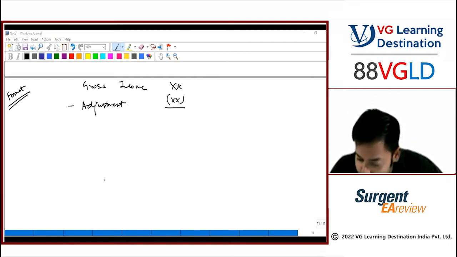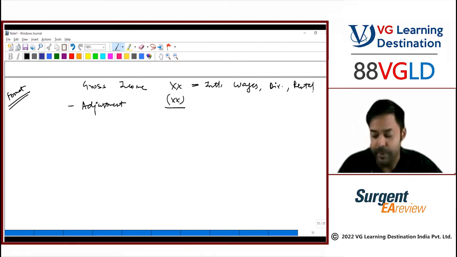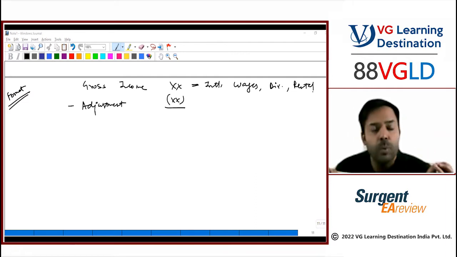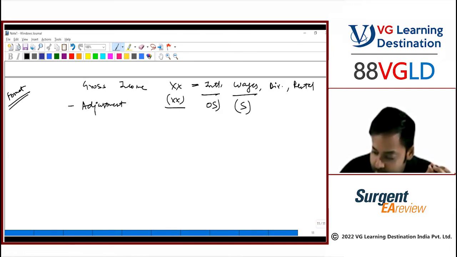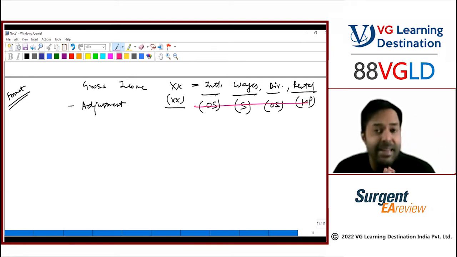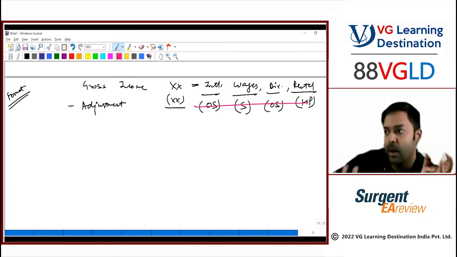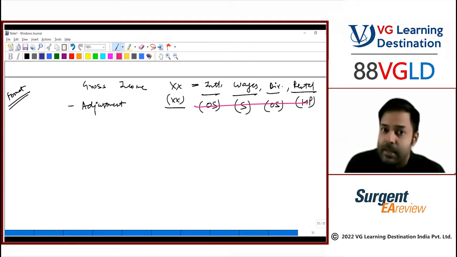So all the interest is going to be included, wages, dividends, rental income, everything is going to be included. Don't get confused with the Indian taxation, where we say this is income under the salary head, this is income under other sources, this is income under house property. No, don't get confused with the Indian taxation. Here every other income is going to come under the gross income.